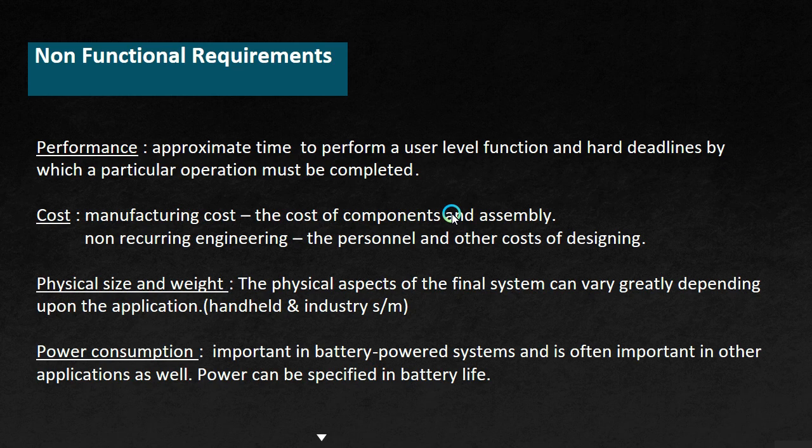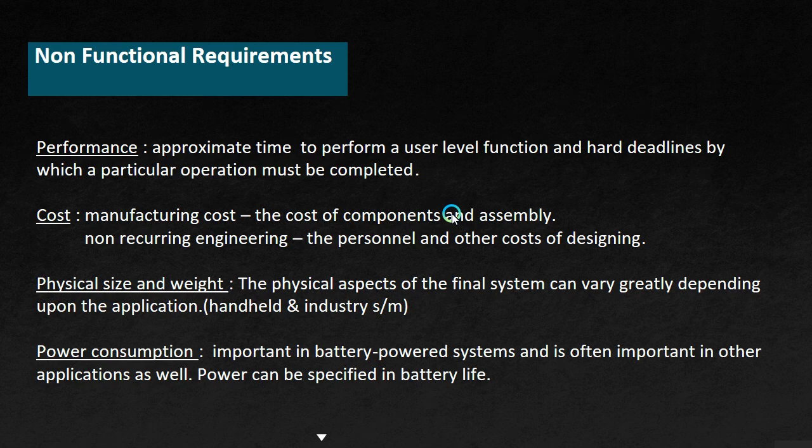Physical size and weight. The physical aspects of the final system can vary greatly depending upon the application. A handheld device typically has tight requirements on both size and weight that can ripple through the entire system design.